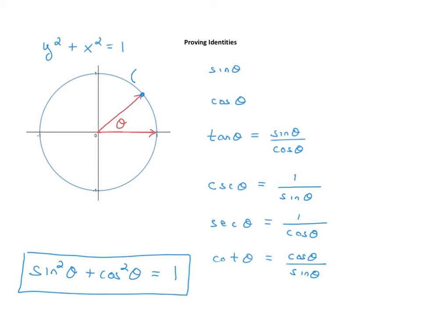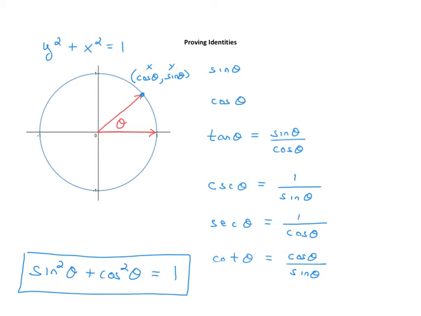Well, the x-coordinate is what we call cosine of theta, and the y-coordinate is what we call sine of theta, and that is an x and a y. If we take the x's and y's in this equation and replace the y with sine and the x with cosine, you'll get sine squared plus cosine squared is equal to 1, which is this identity here.